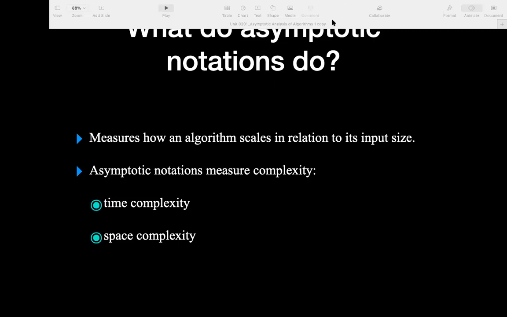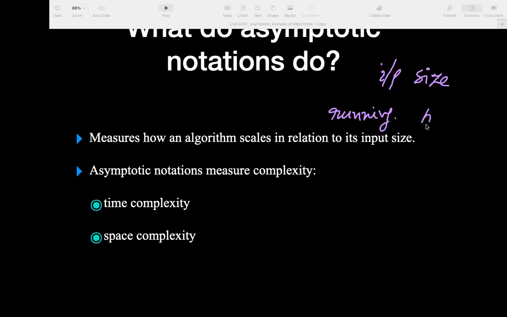So, in this whole definition, the most important thing is the input size, right? I will reiterate, it is a way which allows us to analyze the algorithm's running time, right? And how do we analyze the algorithm's running time?